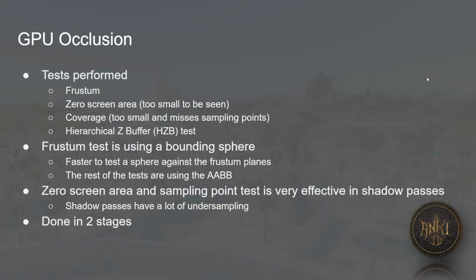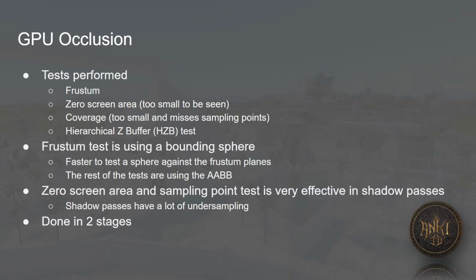Let's jump into the main course now. GPU occlusion performs all visibility tests and it will try to cull objects outside the frustum, those that have zero screen area, those that have almost zero screen area and don't touch sampling points, and finally occlusion culling using a hierarchical Z buffer. Frustum tests are using the bounding sphere.